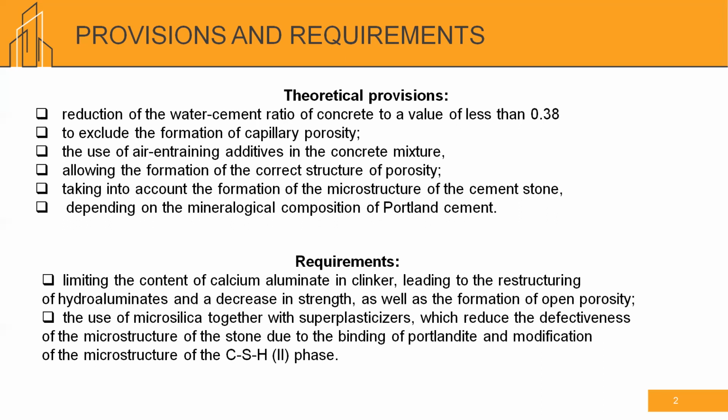The second position is confirmed by the theory that concrete must be considered, including at the submicroscopic level, with a study of defects in the microstructure of hydration products to which the CSH gel belongs.